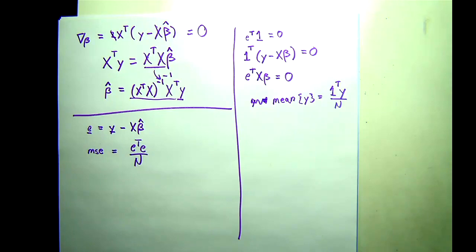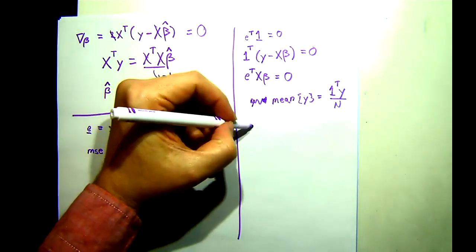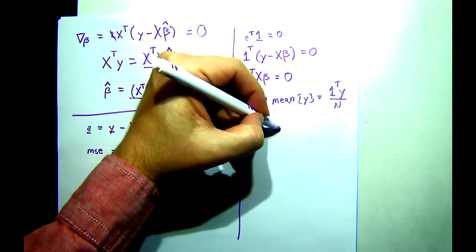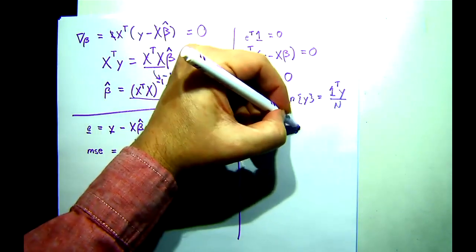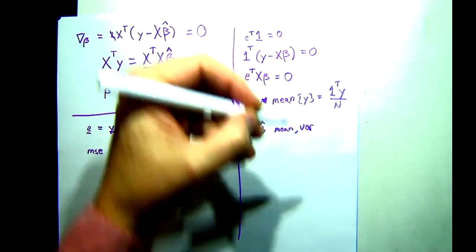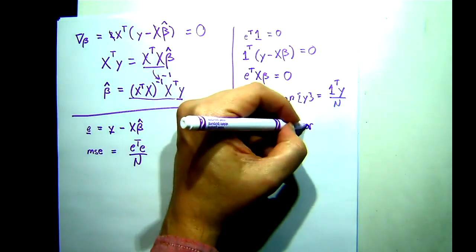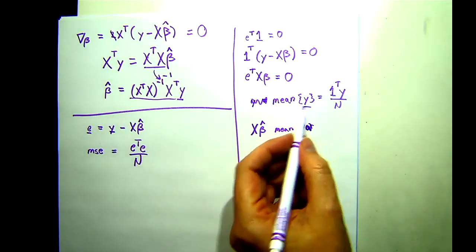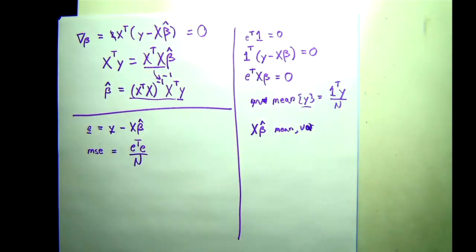We can also calculate the mean and variance of the x beta, the same way we could calculate for y. Now we don't actually know the variance of y because remember y has that stochastic process.